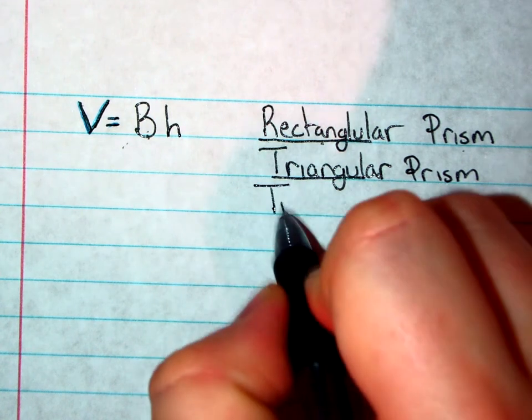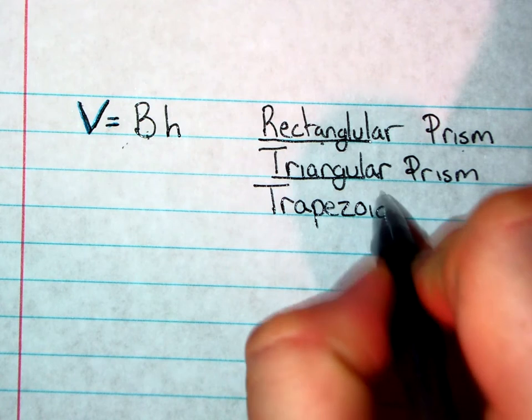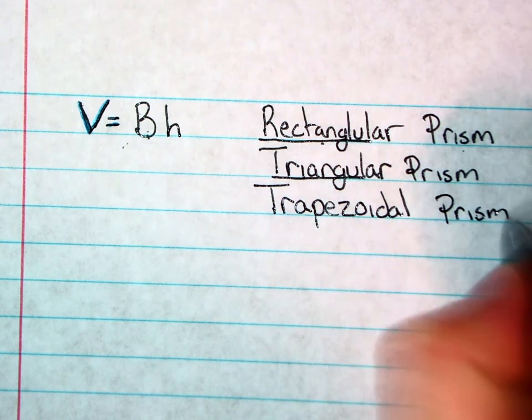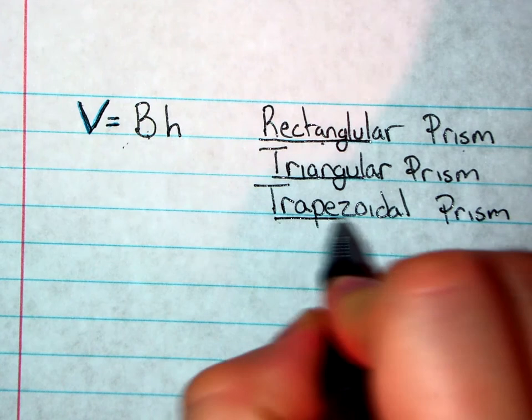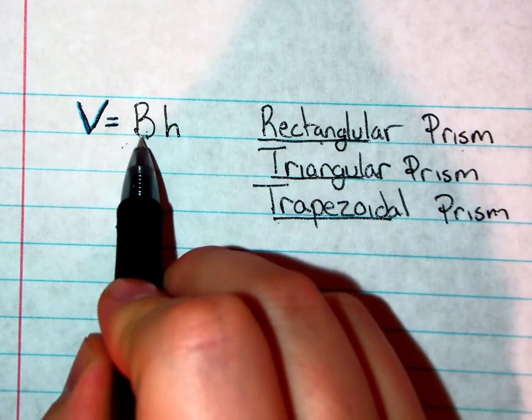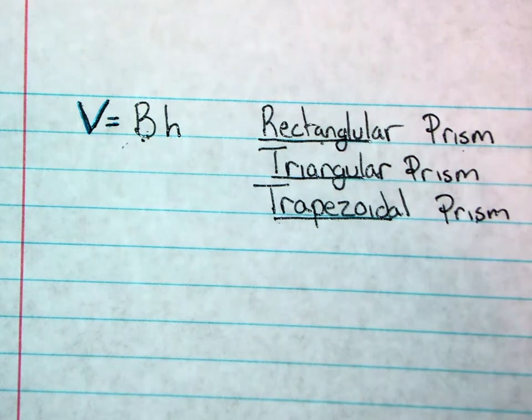A trapezoid prism will have a base that is a trapezoid. So I will first need to find the area of the base and then multiply it times the height of the prism.